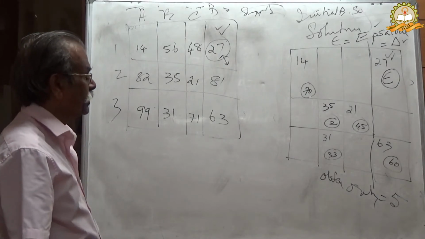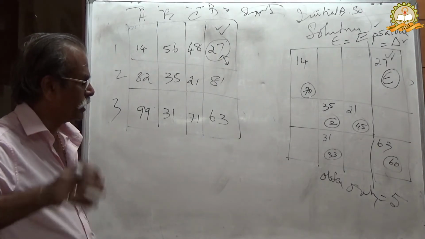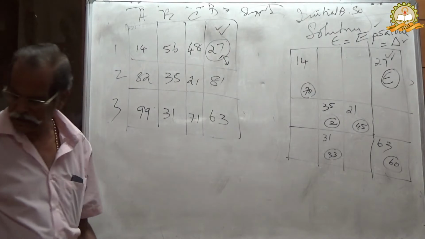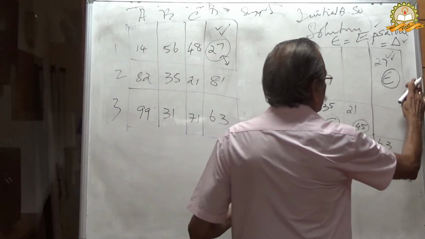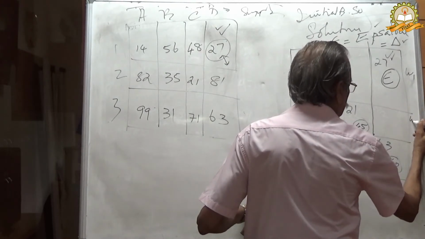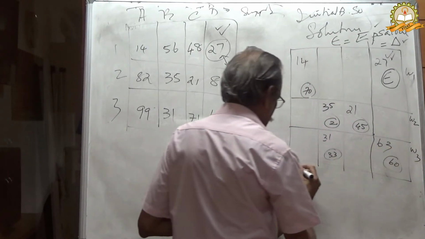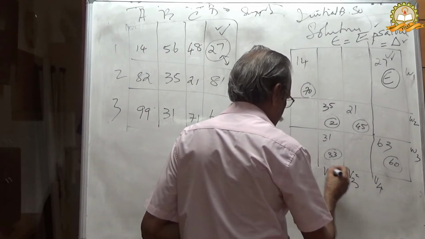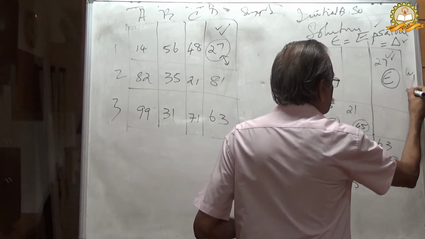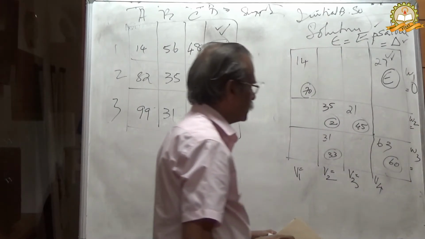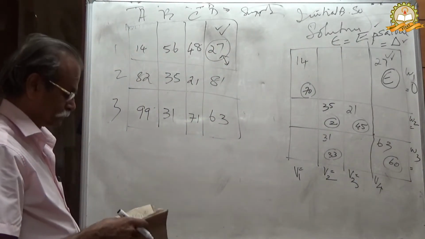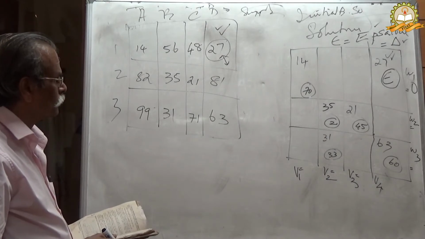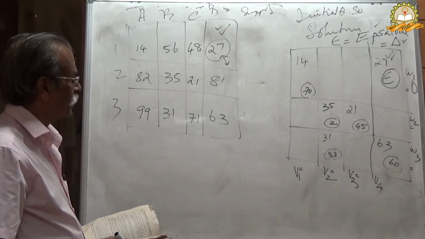For testing optimality, you write U1, U2, U3, V1, V2, V3 and V4. Consider U1 equal to 0.